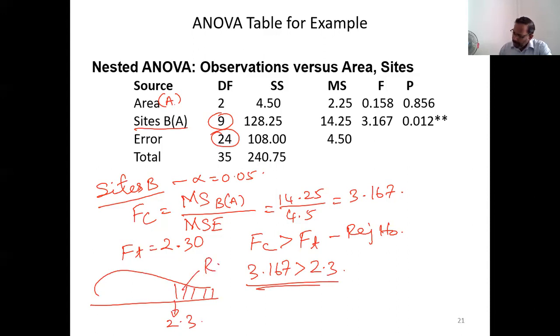This is the rejecting region and this is the non-rejecting region. Our calculated value, 3.167, is falling in the rejecting region. So we can reject our null hypothesis.